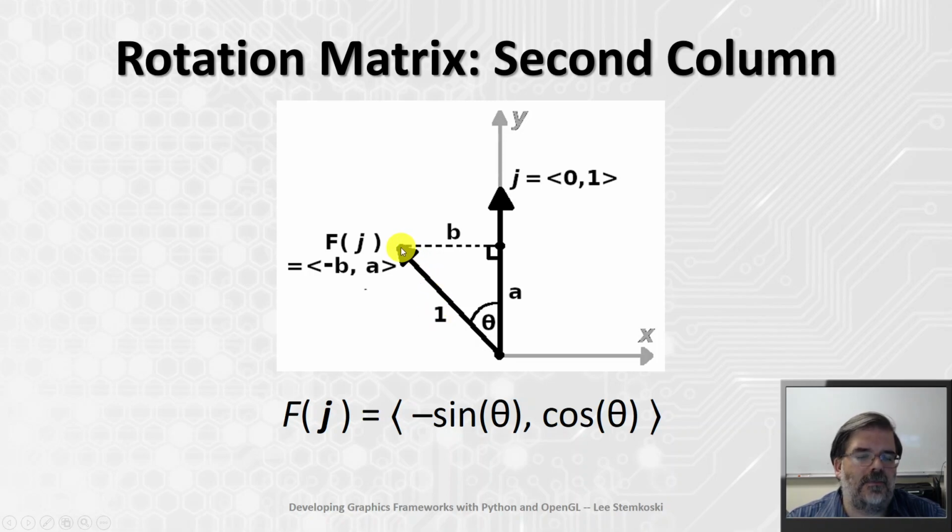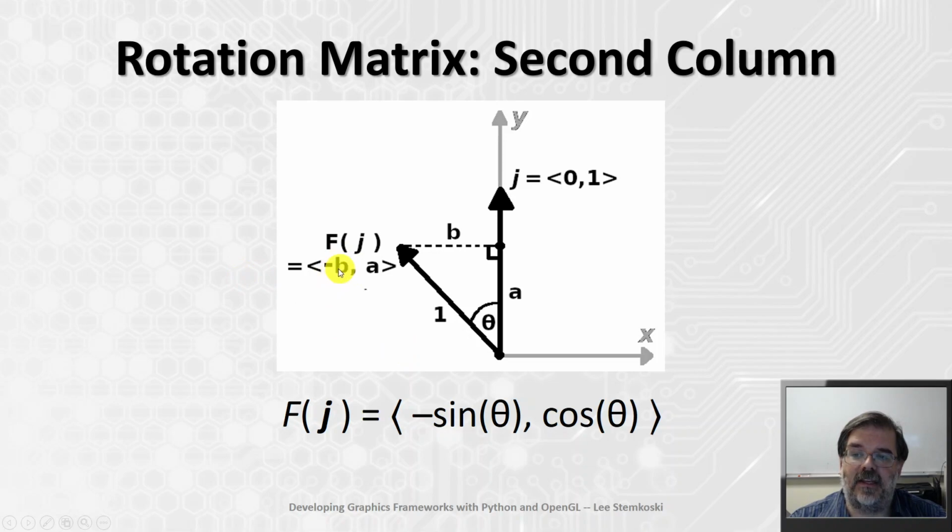Now the one part which might be a little bit confusing is, in this case, the components of the vector. Notice that in this case, a is actually the height, so that's our second component, and b is the length, it's the horizontal component, but it's going in the negative direction on the x-axis.